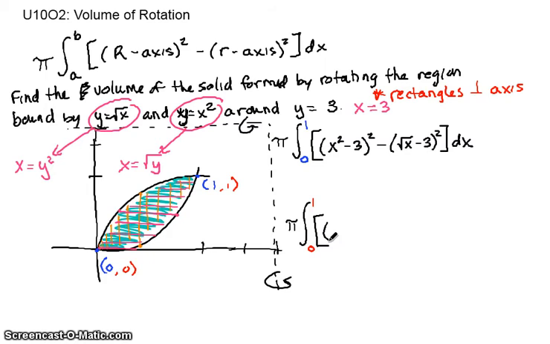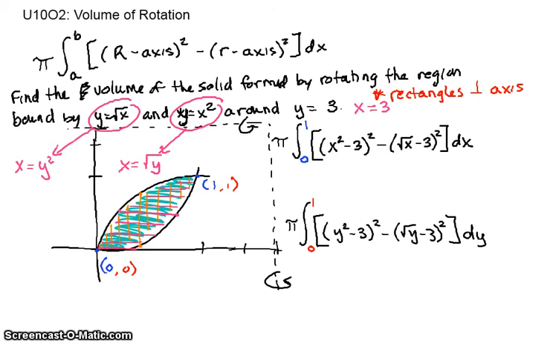Farthest away from the axis of symmetry was our square root of x, but now we're turning that into y squared. So it's y squared minus our axis of symmetry, so minus 3 quantity squared, minus our inner radius, so in this case it's going to be square root of y minus 3 quantity squared, and then dy.